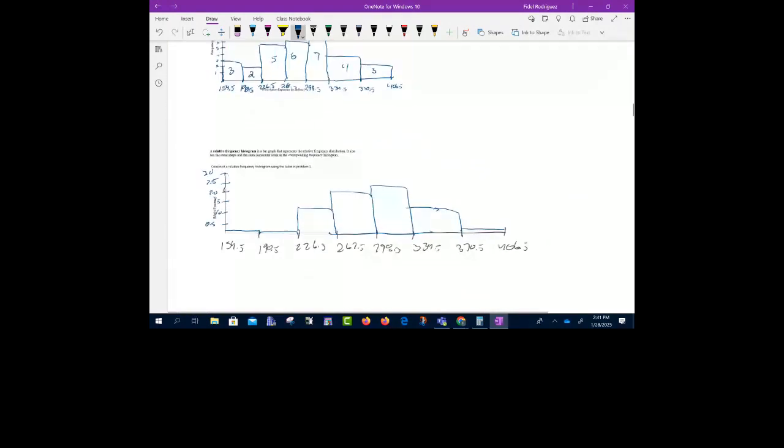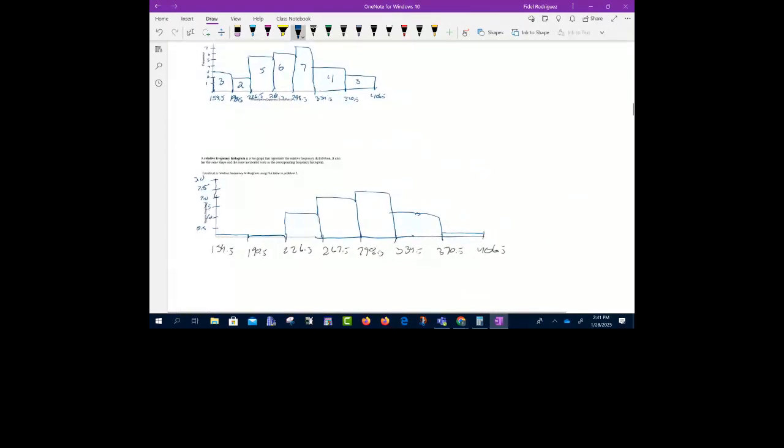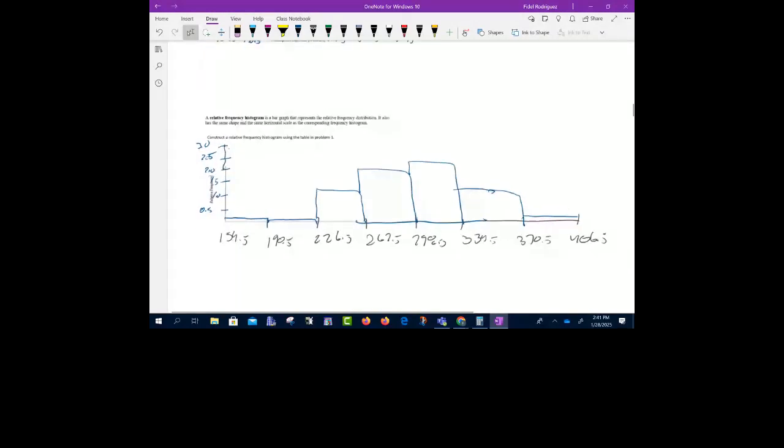And there are my bars. And y'all, if you look, I mean, the numbers are a little different, but it has the same basic shape. Okay. And this is what we call a relative frequency histogram. The only thing that's different, y'all, is the scaling that we have here. Okay. Instead of 1, 2, 3, 4, 5, 6, 7, we have them now as decimals, right? We have them now as decimals.